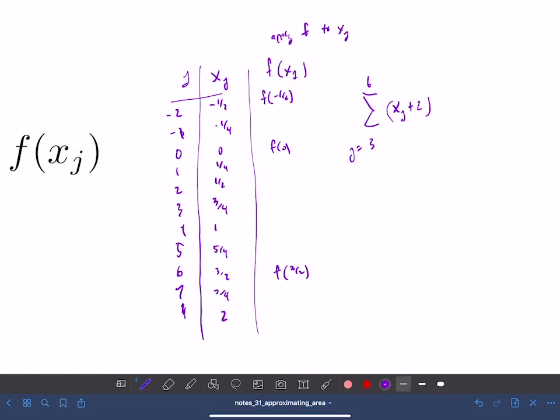So I'm adding 2 to every term, not just 2 to the sum at the end. There is a difference. So that's not equal to the sum from 3 to 6 of x sub j plus 2, because here the plus 2 is outside of the sum. Okay, so those are different.